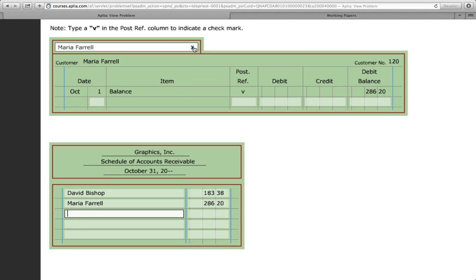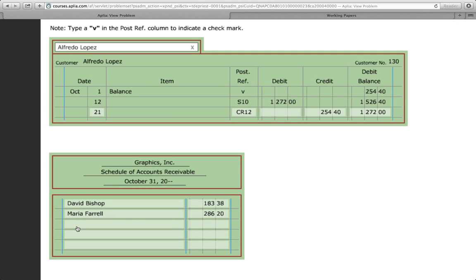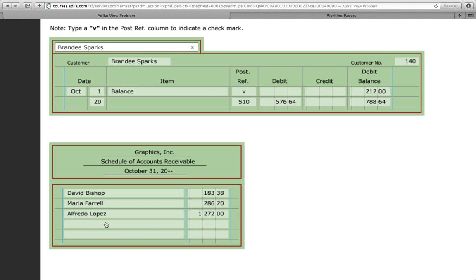And then our next subsidiary customer, Alfredo Lopez, and he has a balance, so he will also be included on the subsidiary ledger. And then our last customer, Brandy Sparks, she also has a balance, so she too will be included in the schedule, 788.64.